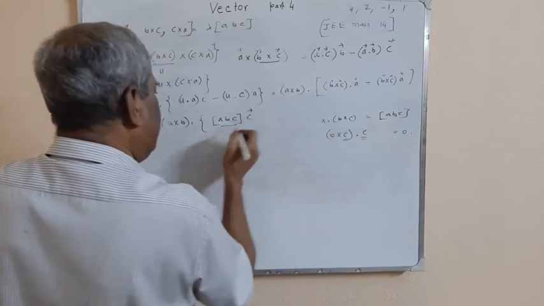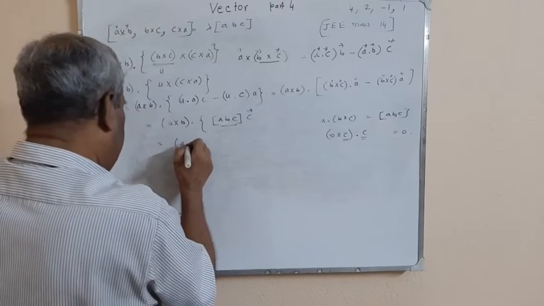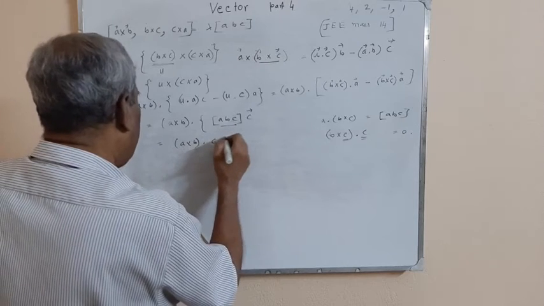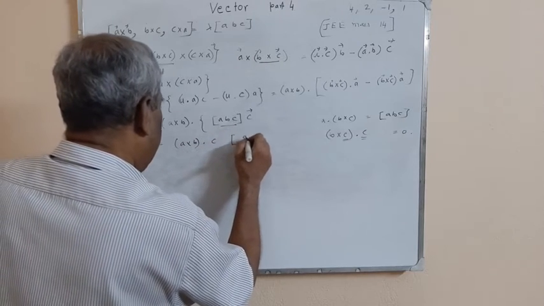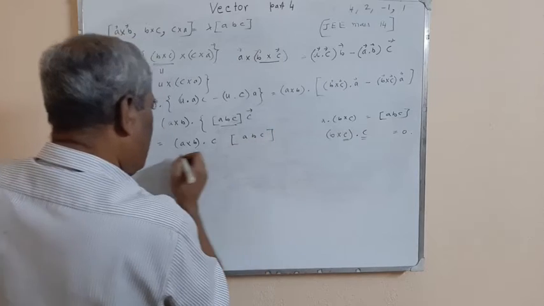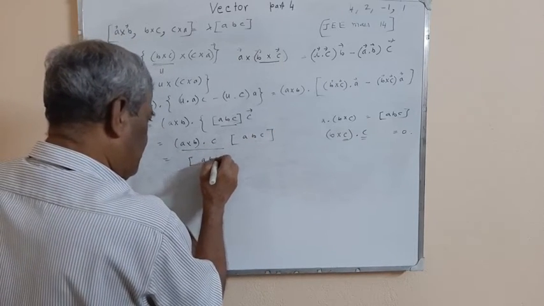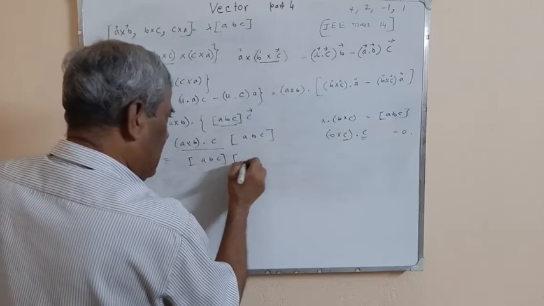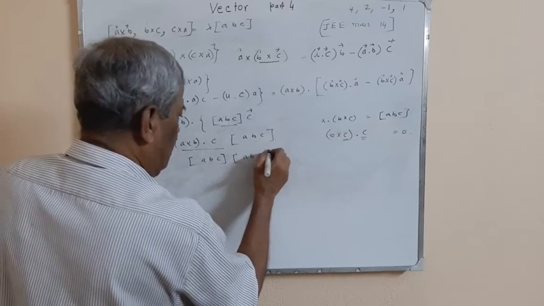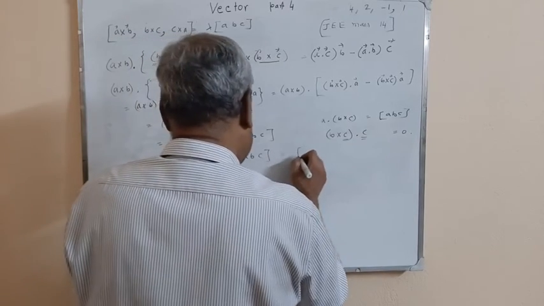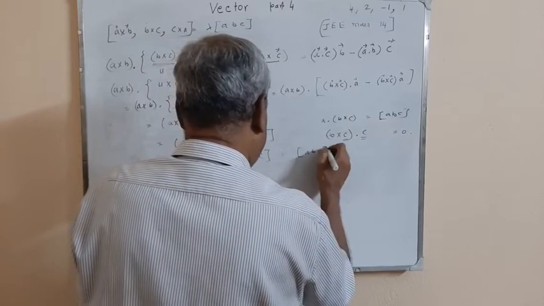So we get A cross B dot C into ABC. This is nothing but ABC, so it is equal to ABC whole square.